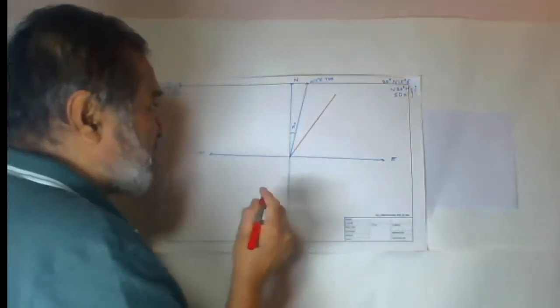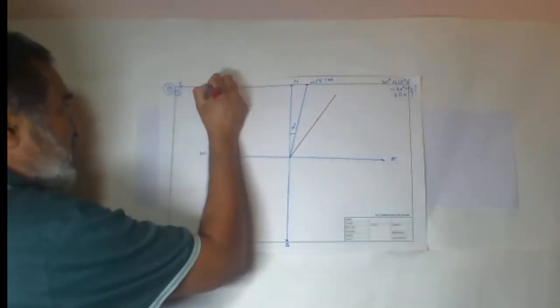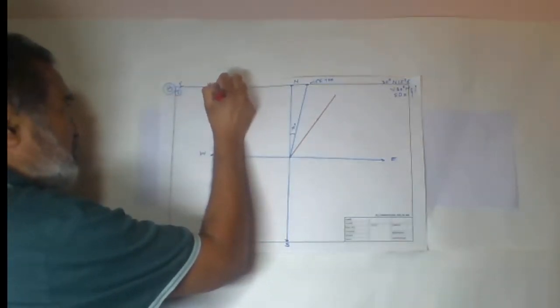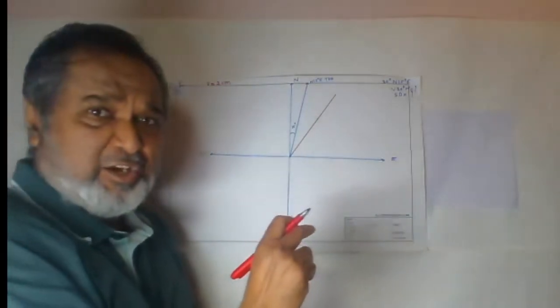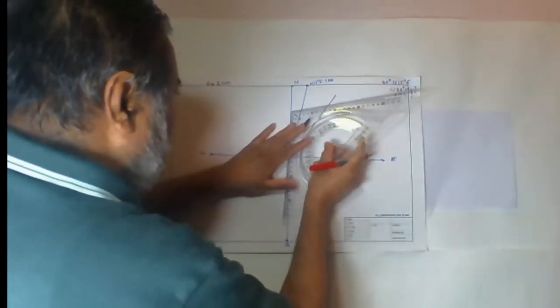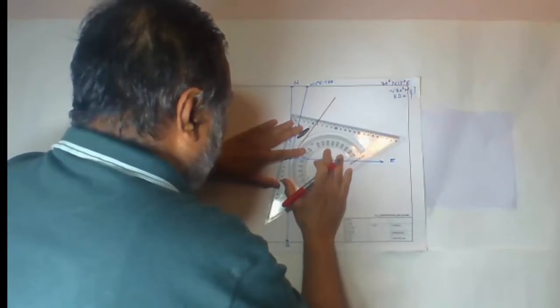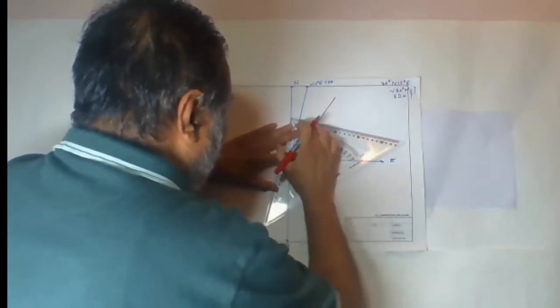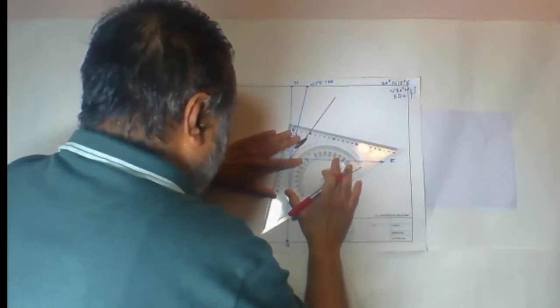Then the next step is to choose a V. The scale we have to use is V equal to 2 centimeters. Perpendicular to the north 15 degrees east line, take 2 centimeters: this is 1 centimeter, and this is the second centimeter.